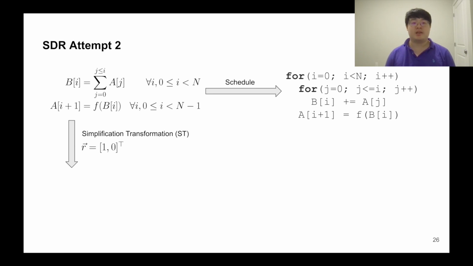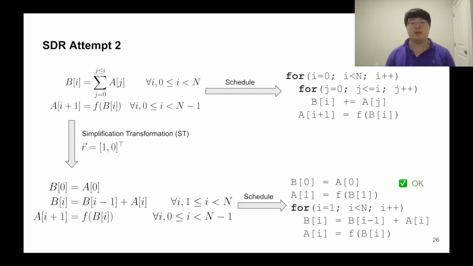We now make a second attempt by applying ST with the reuse vector (1, 0). This time, the program does not have any dependent cycle, and we successfully schedule the program. You may pause the video now to check that the bottom right loop program is indeed a correct implementation of the original dependent prefix sum, and has a linear complexity.